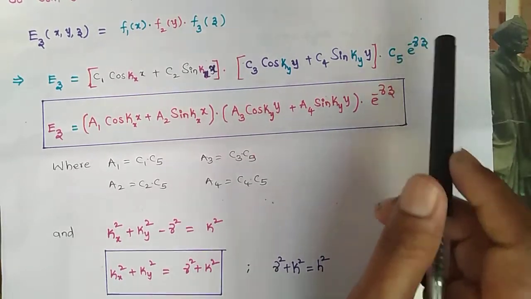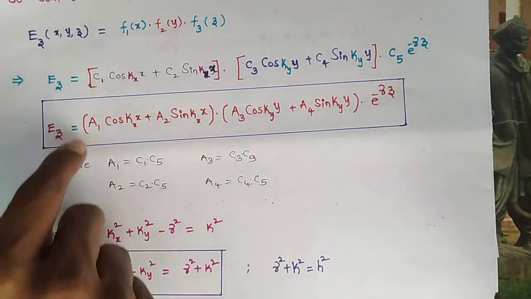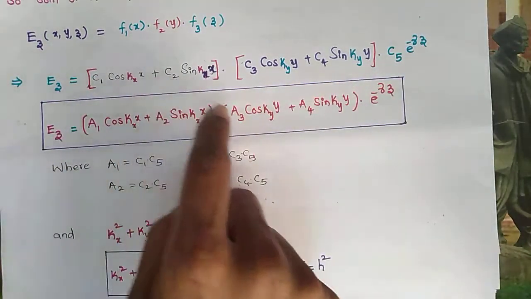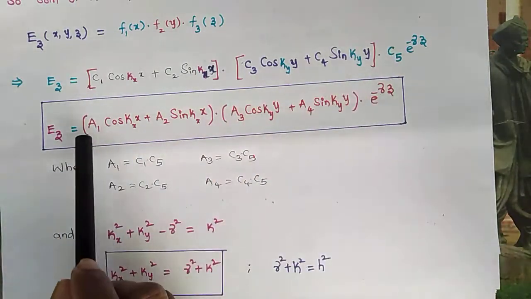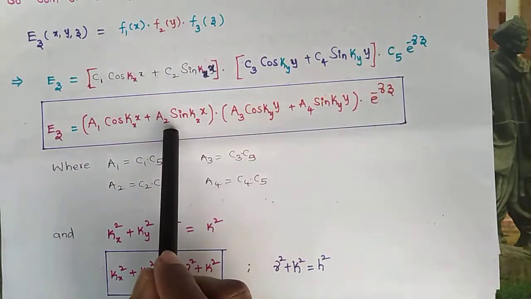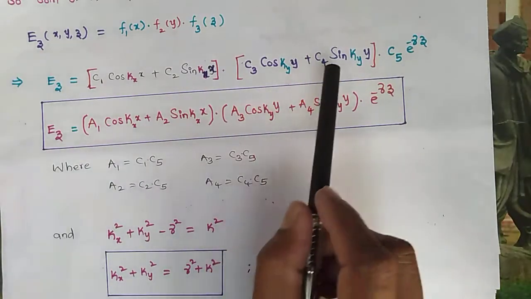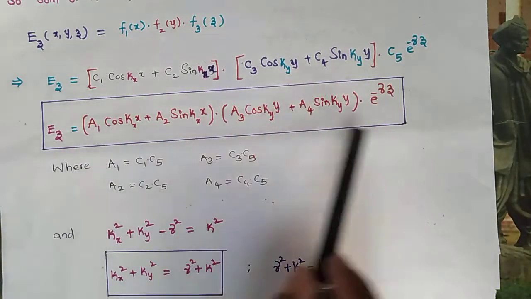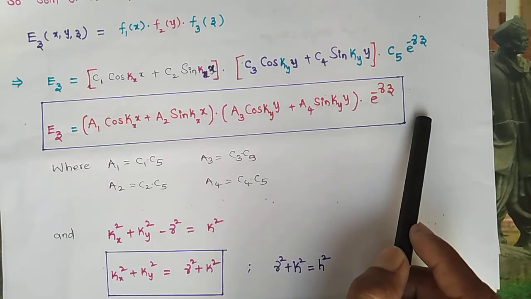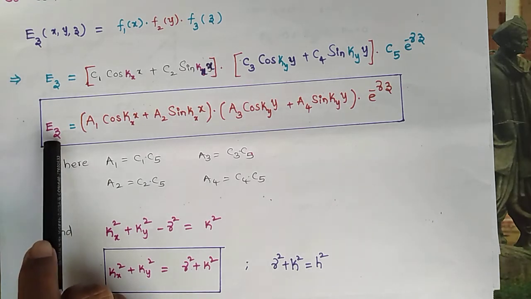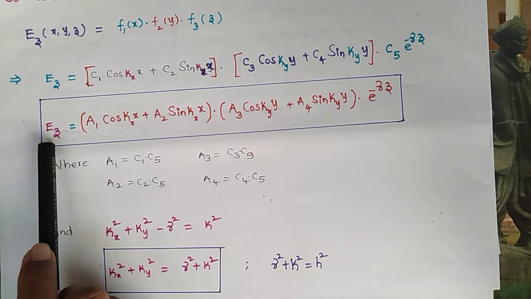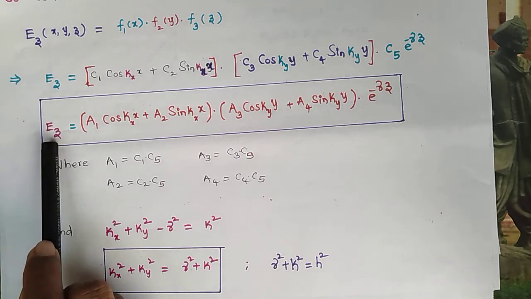I am multiplying c5 into the inner terms: c1 c5 as a1, c2 c5 as a2, c3 c5 as a3, and c4 c5 as a4. This is the final equation for the Ez component. Remaining is to derive the equations for Ex and Ey in terms of Hz and Ez. Similarly, the Hz equation is also the same.